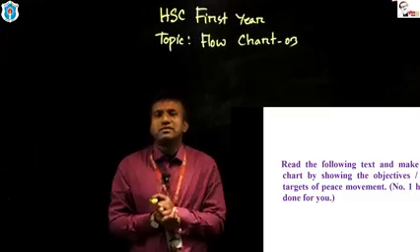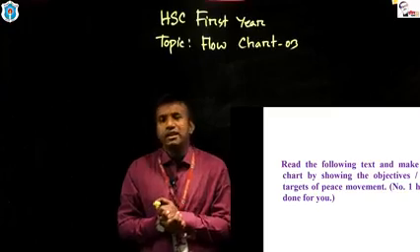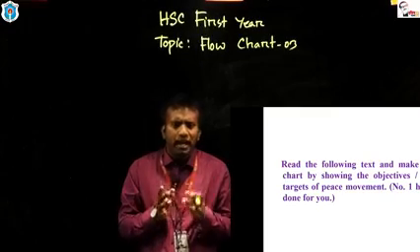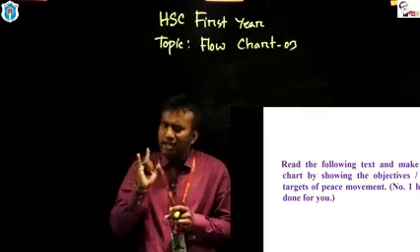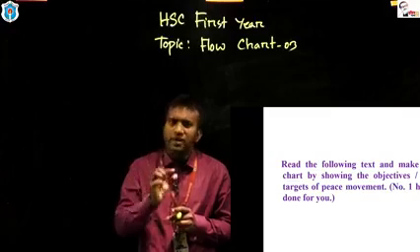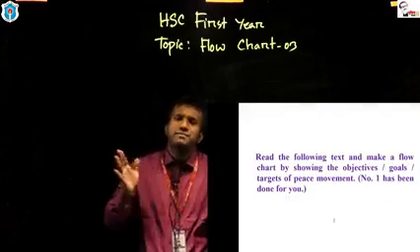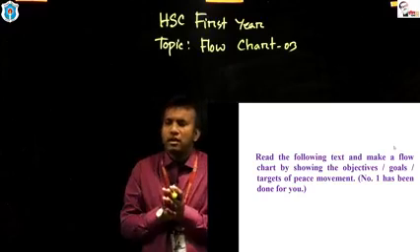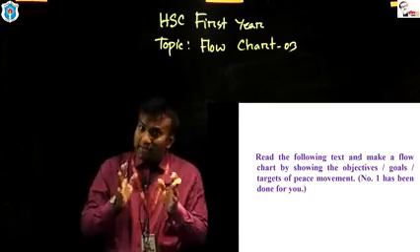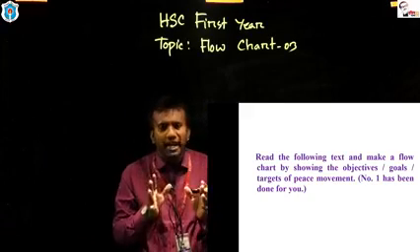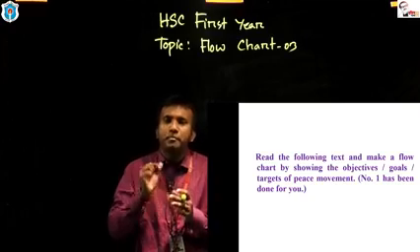You know that there is a unit, the unit is 12, and under this unit there is a certain lesson, and the lesson number is 5. In this lesson there are a lot of sentences, a lot of issues regarding peace movement. In this lesson we will get the objectives or goals of peace movement.